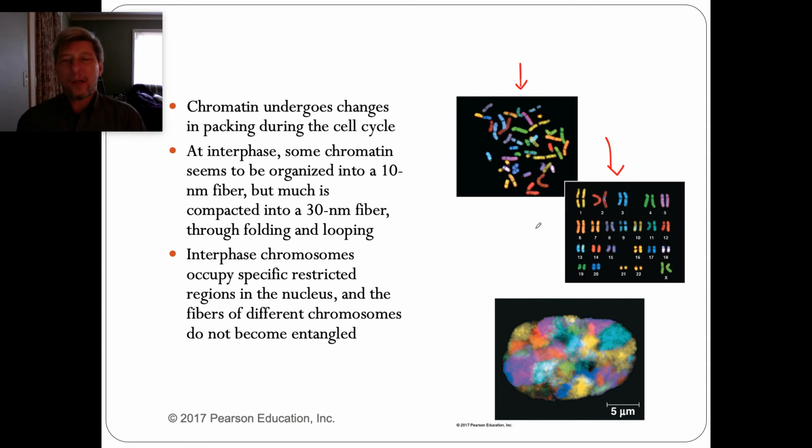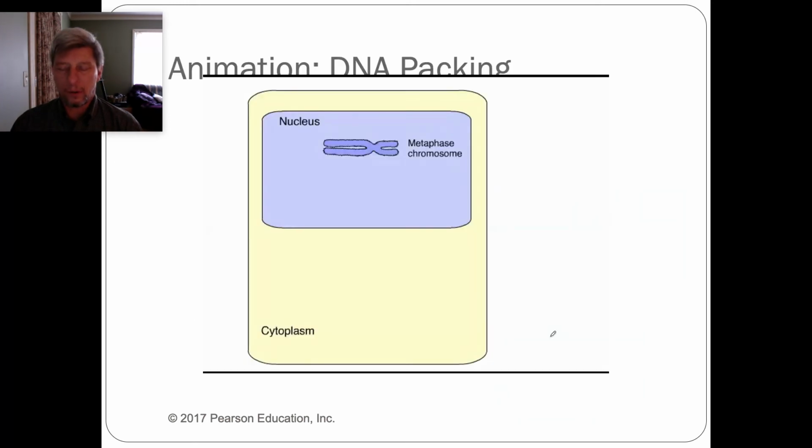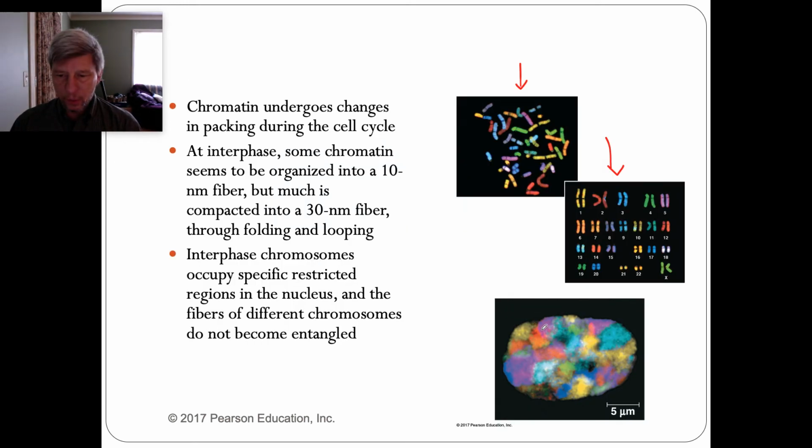However, in a very clever experiment done with fluorescence, a bunch of scientists color coded the various chromosomes, and so you can see this area represents one chromosome, and this area represents one chromosome. And so at interphase, the chromosomes are not just all tangled up next to each other. They do actually occupy a very specific space within the nucleus.